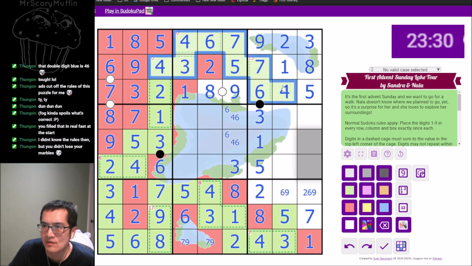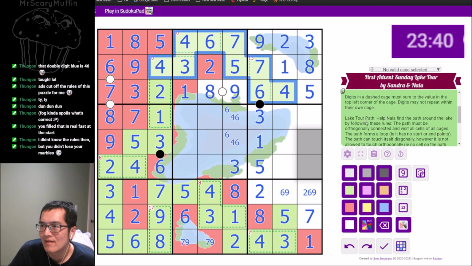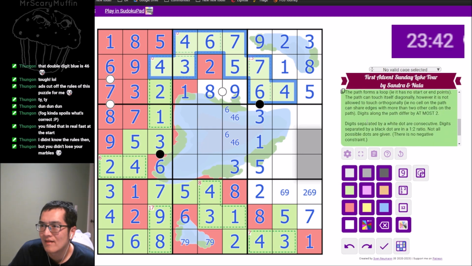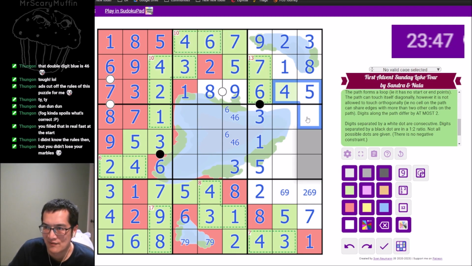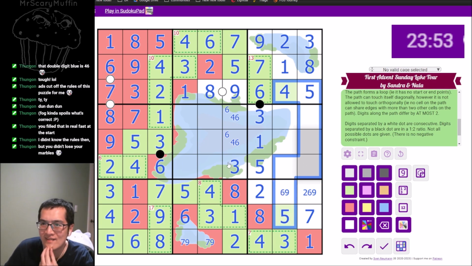Are we meant to use the lake to help guide us around this path too? That's kind of meta. I don't know if we're supposed to, but I feel like because of that now, I can kind of see where it's supposed to go. That's kind of cute though.